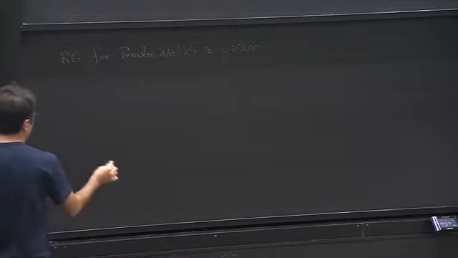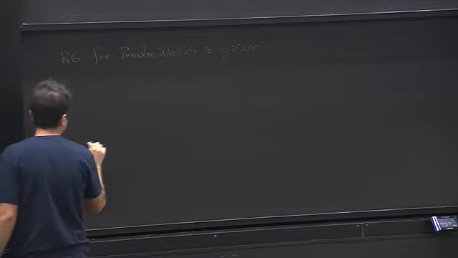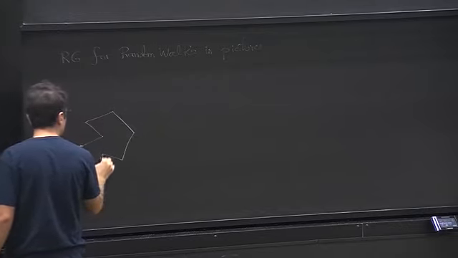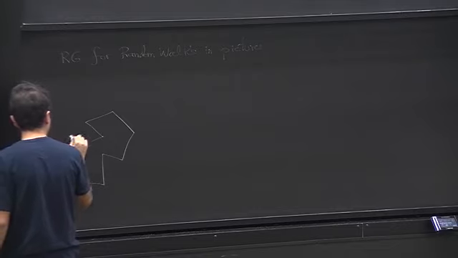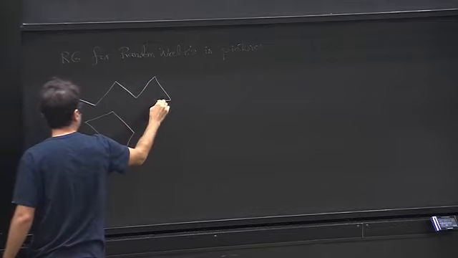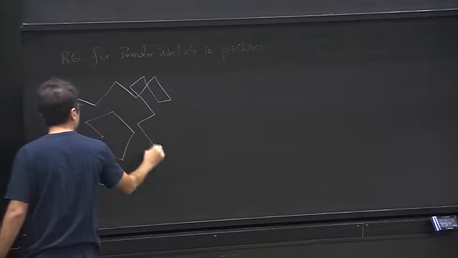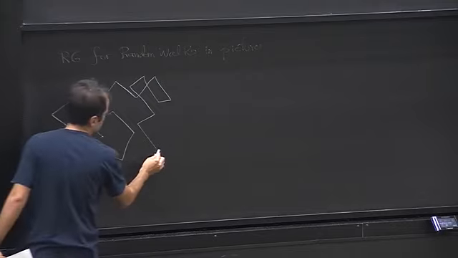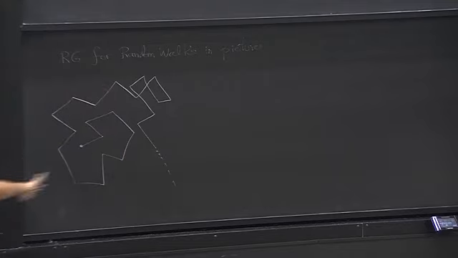So I start with a random walk, which means that I have some particle that is moving randomly. And this is a huge random walk, so there is much more. So it describes some very complicated figure, which was totally random.